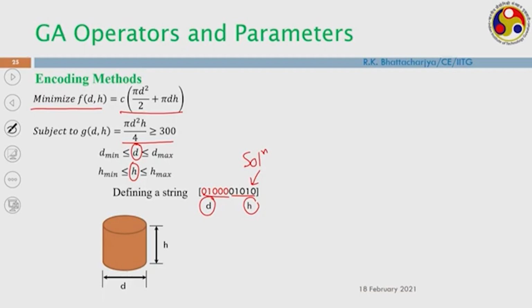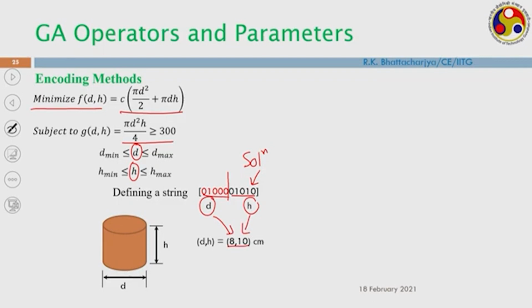When we decode it, what will happen? I will consider the first 5 bits for D and the second 5 bits for H. So, for D, 0 1 0 0 0, you are getting 8, and for 0 1 0 1 0, you are getting 10. So, the decoded value is 10.